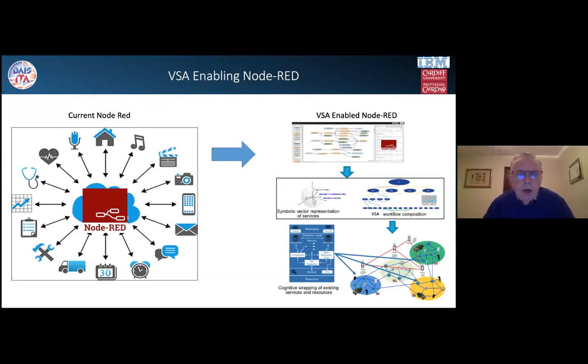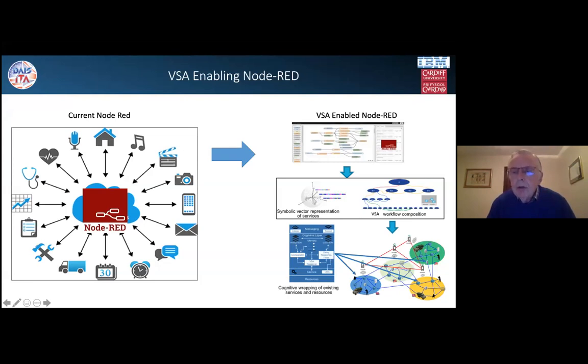And what I want to show you this evening is how we can move from that environment of using Node-RED to a Node-RED environment where we can take the workflows, we can map the workflows into a vector representation, a vector symbolic architecture representation, and how we can then deploy that architecture into our wireless network, where the services in the wireless network have been enabled through a layer that I'll describe a little bit later on, to be able to respond to the vectors that are transmitted.